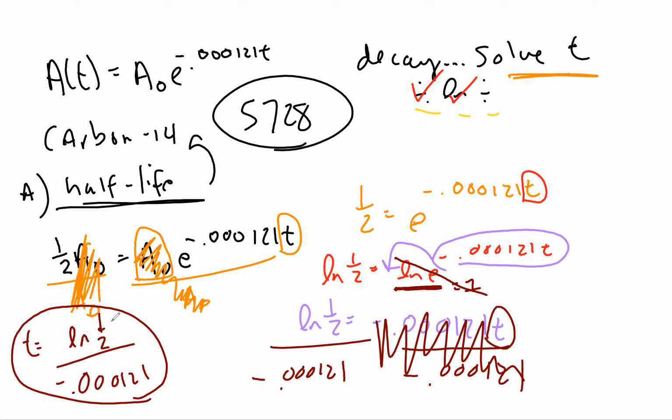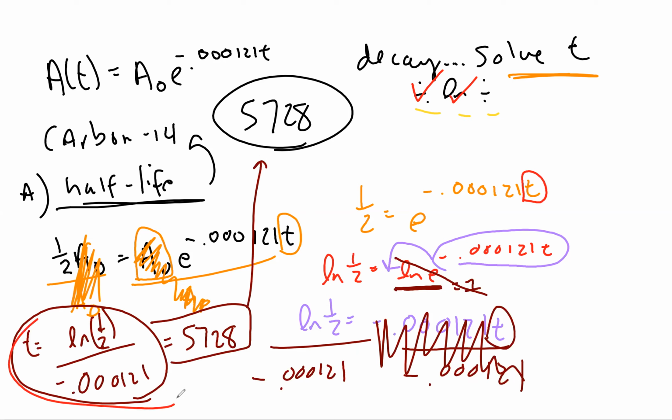Once you get that typed into the calculator the right way, you're going to get a nice, neat, even number, which we already knew we should get because that was given to us in the notes a few days ago. But as far as the answer goes, this is it. So take a sec, however you type it in on your calculator, can you get 5728? If you do, just sit there for a sec. Chill out.